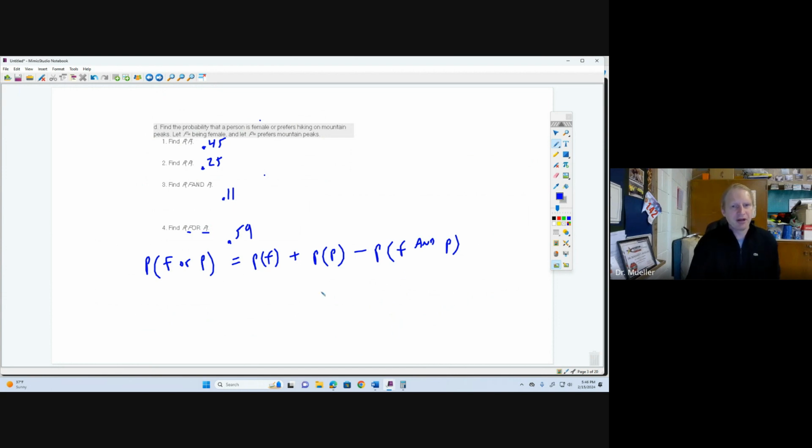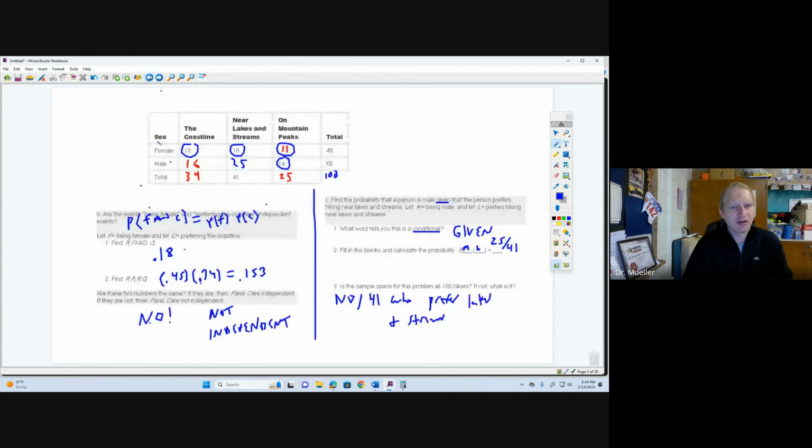So the probability of female is 0.45, the probability that they like to hike near mountains is 0.25, minus the probability of both, which was 0.11. So 45 plus 25 is 70, minus 11 is 59, so it's 0.59. That formula will work if you want to use it. I just like to circle them on the chart and make sure not to count something more than once.